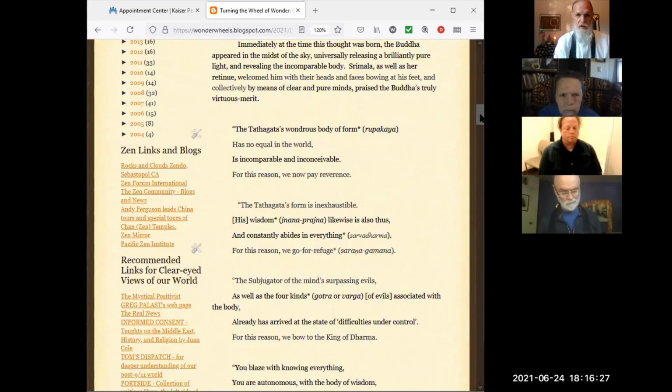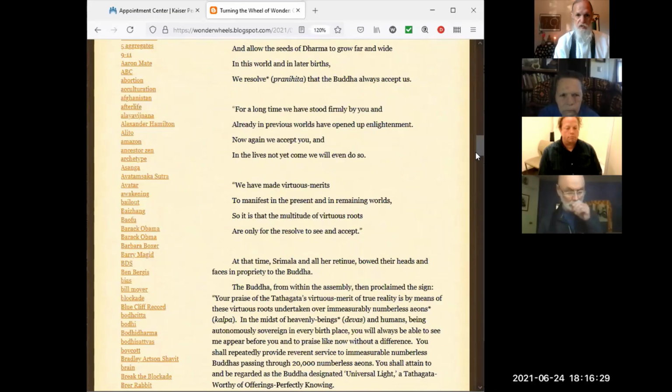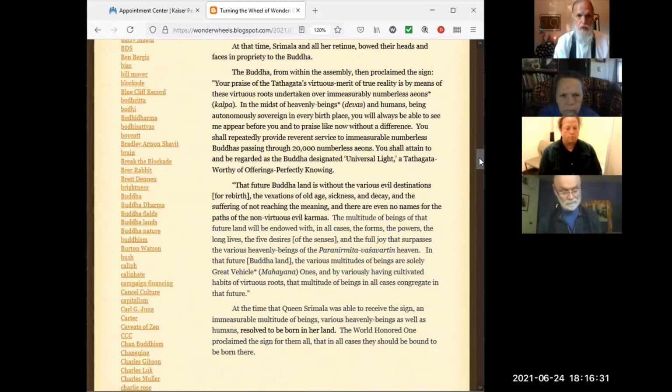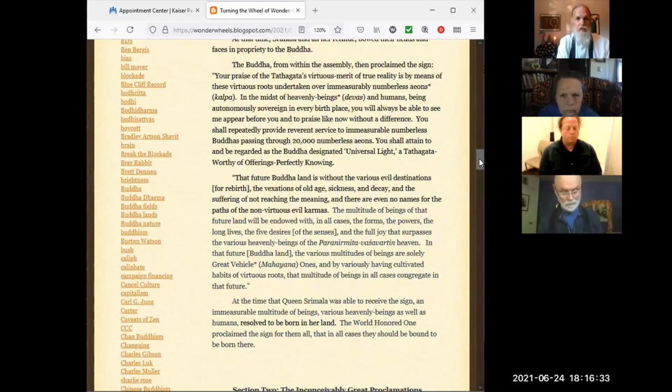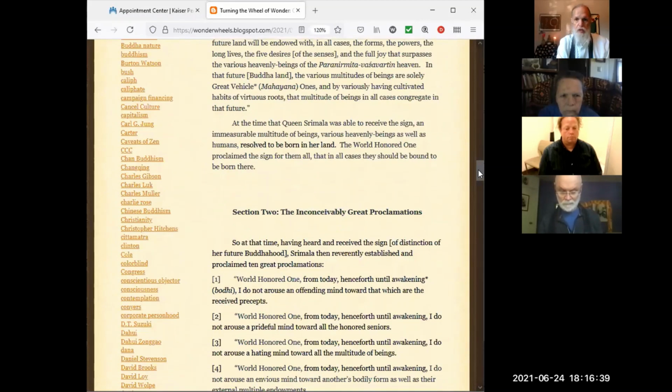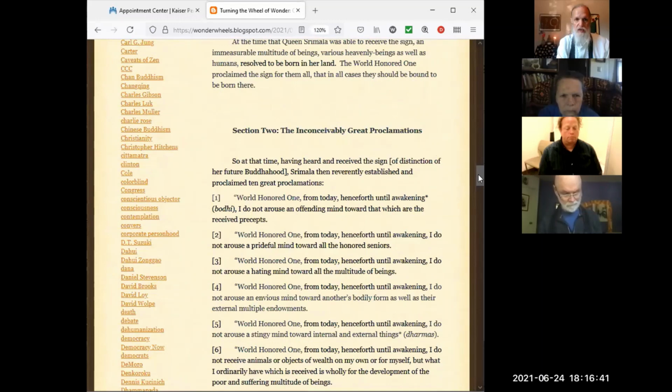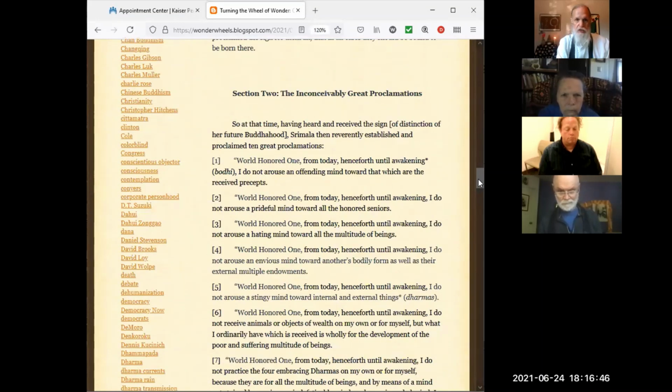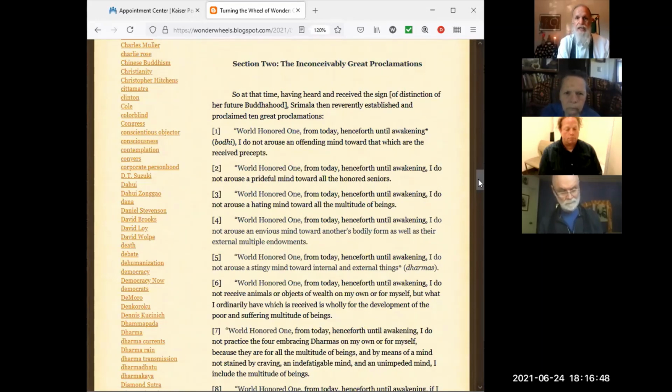Then when the Buddha gets there, she has the 8 verses of praise, and then the proclamation of the sign of her future Buddhahood. Upon receiving the sign and all the people there hearing it, she then makes her 10 inconceivably great proclamations.